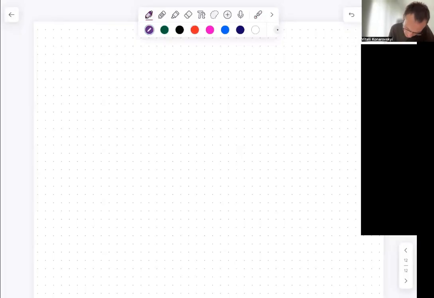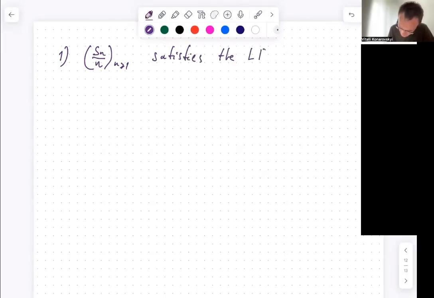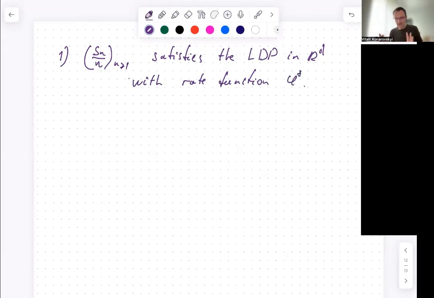First of all, let's note that Sn divided by n satisfies the large deviation principle in Rd with the rate function that is the Fenchel-Legendre transform. Later I will specify what this function is and so on. At the moment I just want to write some plan of what we are going to do next.